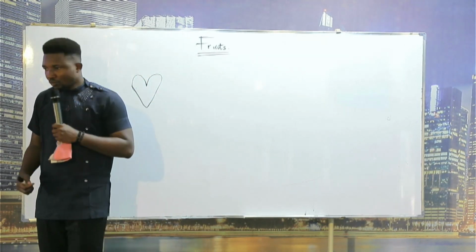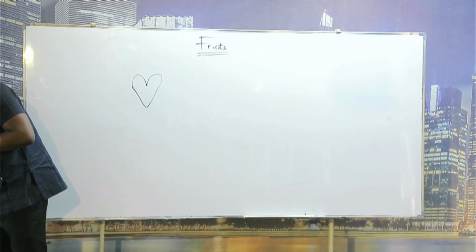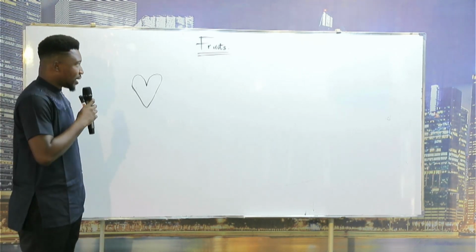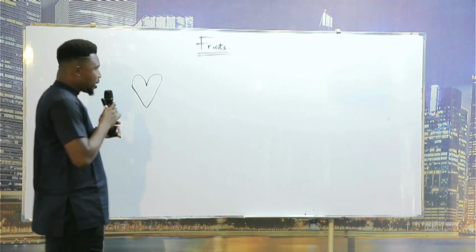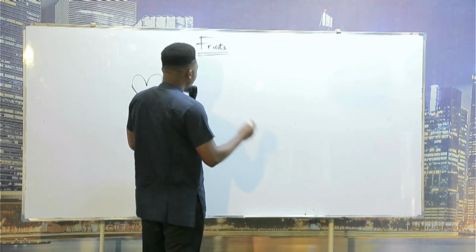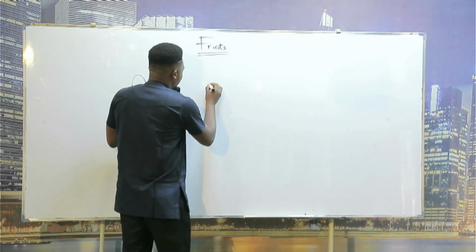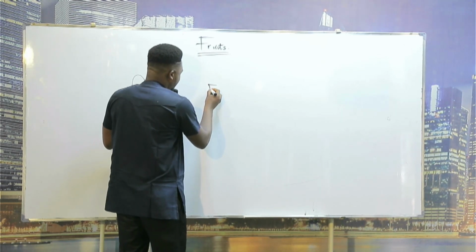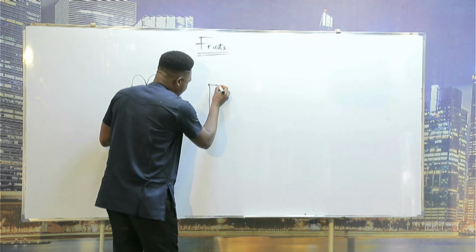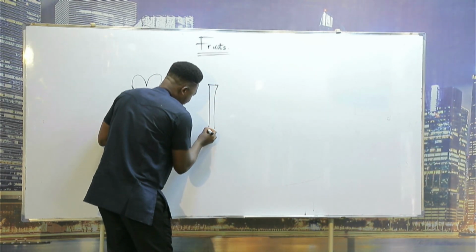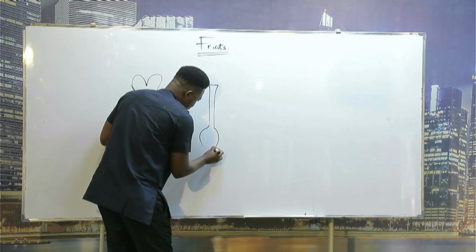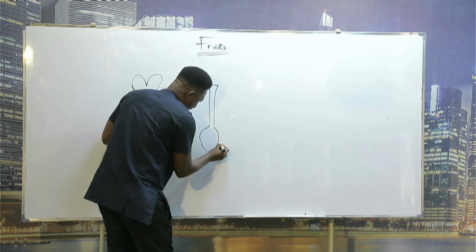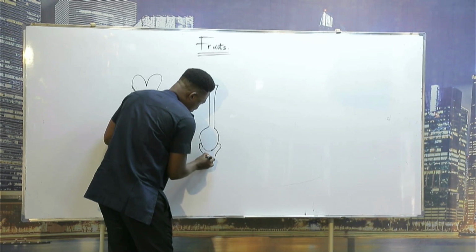Now, I want to give you a typical example of what I am explaining. Now, you already know that when it comes to a flower, this is the stigma, and down there is the style. And here is the ovary, right? And here is a part of the receptacle, calyx.